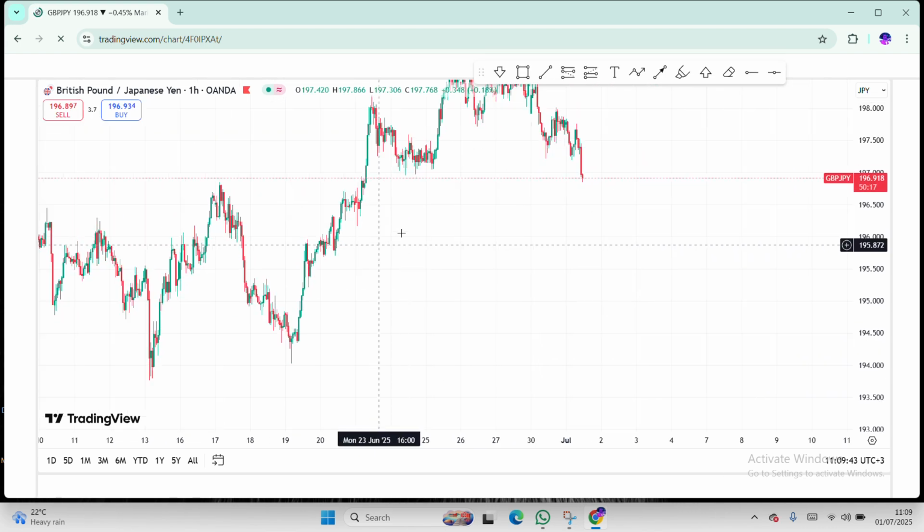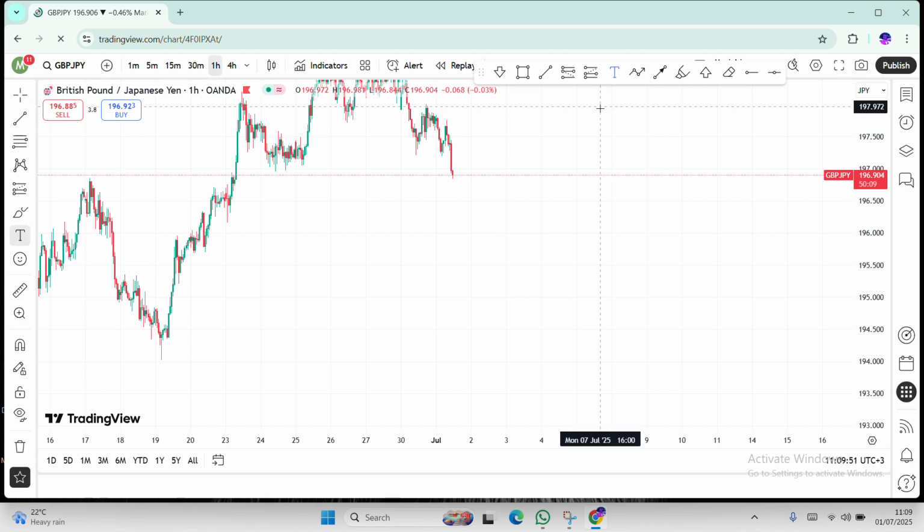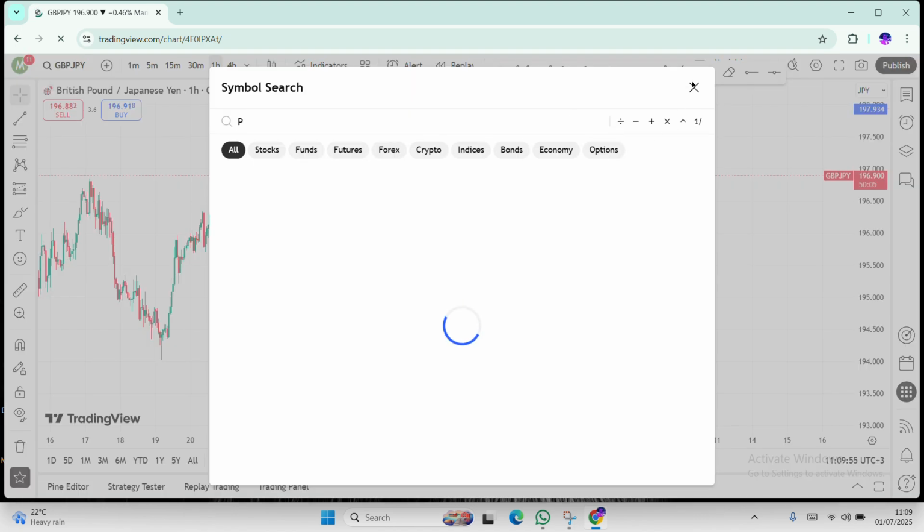So as I said, we are going to look at pullbacks. That is a pullback.